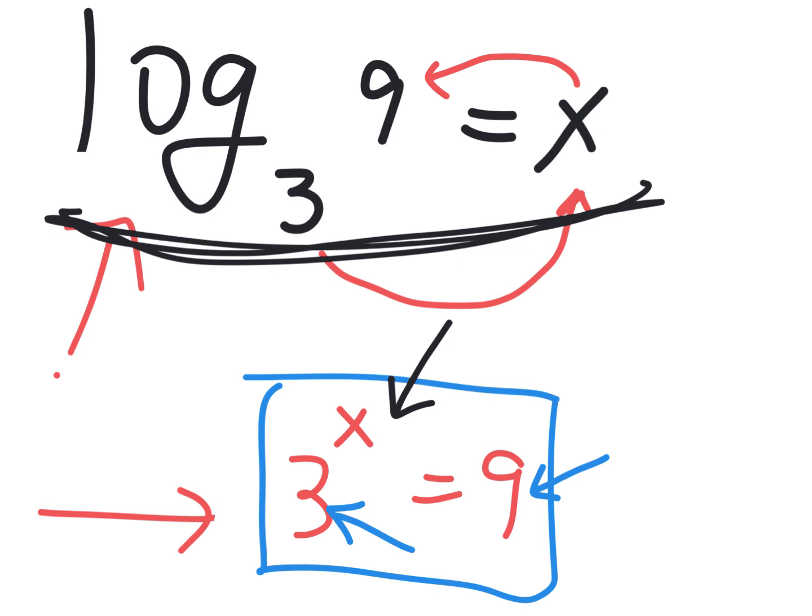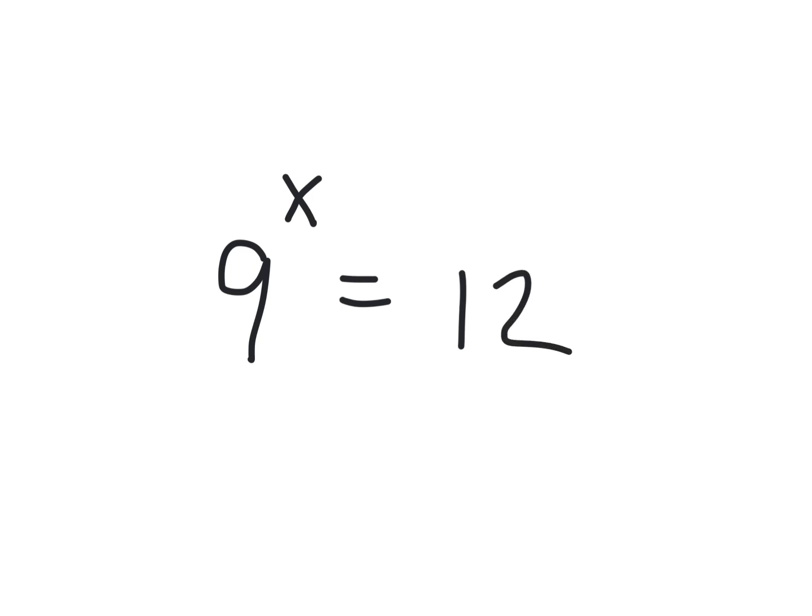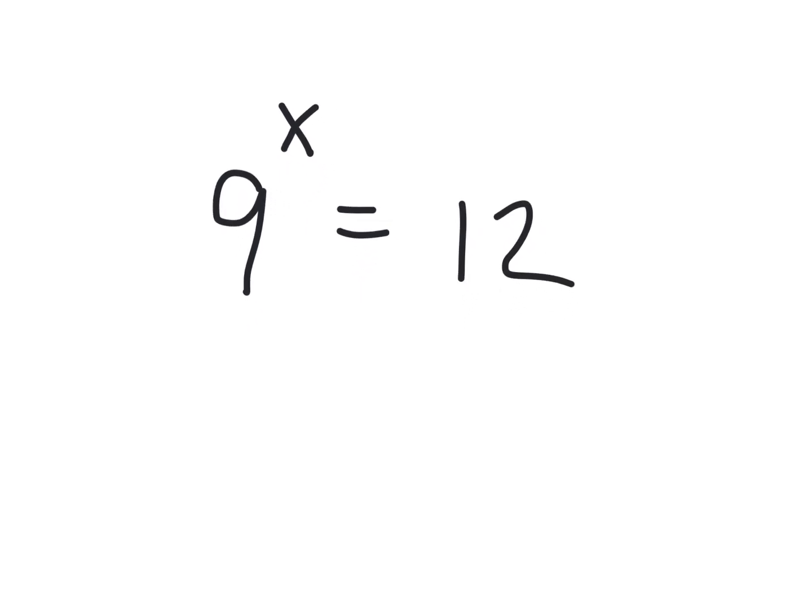All right, so let's practice that. That's the biggest thing. If I got you through nothing else today, I'd want to be able to say, my kids can write logs. That's not a log, but you can write a log for it.